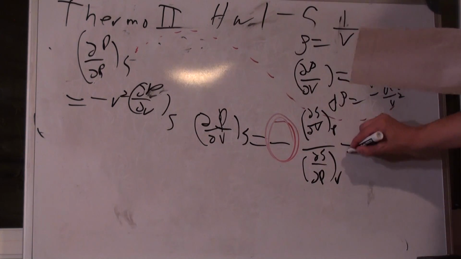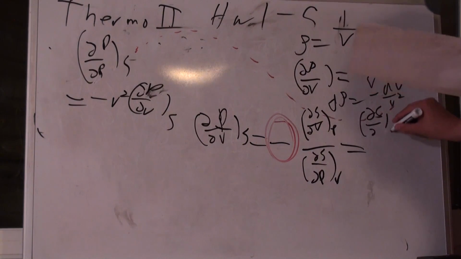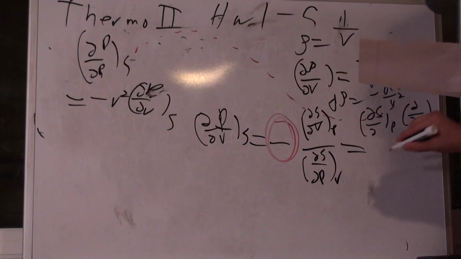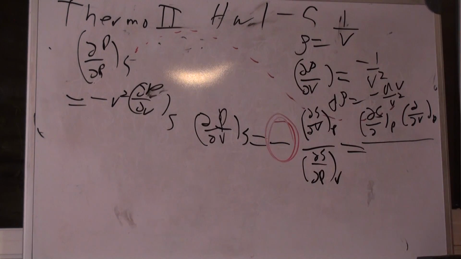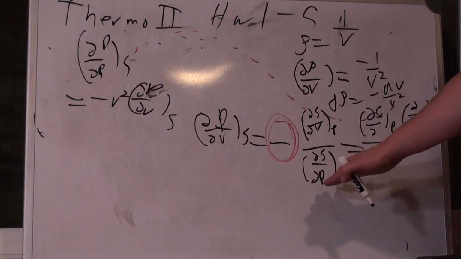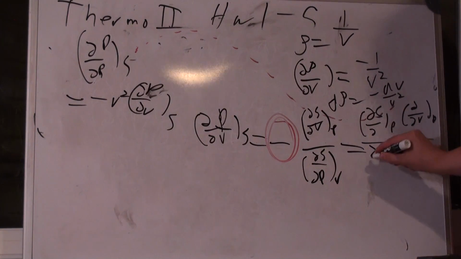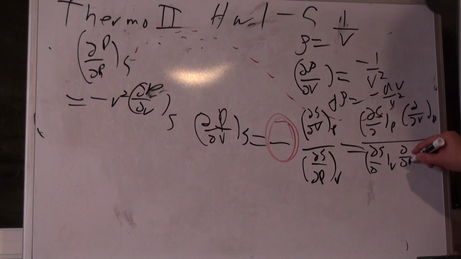But again, how I like to do it is ds d something at constant p times d something dv at constant p. We'll do the same, and just to save some time, it's the same question down here. There is a Maxwell relationship, but it puts s back in the constant, so I've got to do a chain rule here too: ds d something at constant v, d something dp at constant v.